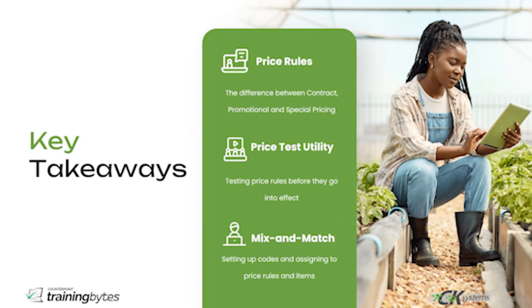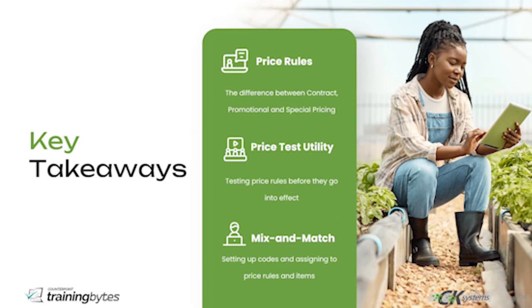Testing your price rules before they go into effect is a great use of the price test utility. Of course, you can always test at point of sale as long as it's going to go into effect immediately. And then to get a little more complexity to price rules, BOGOs, or buy 12 selected wines out of my 50 wines.